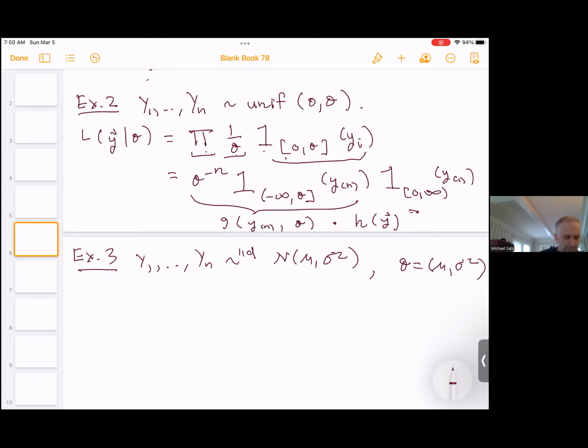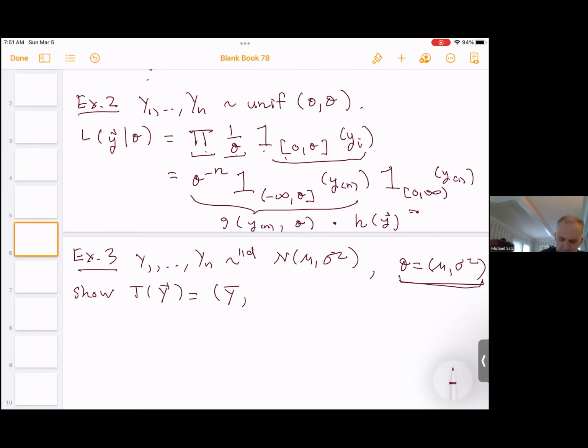So let's show T of Y is what we want, although there are certainly other sufficient statistics for this parameter or vector of parameters. This is a sufficient statistic.